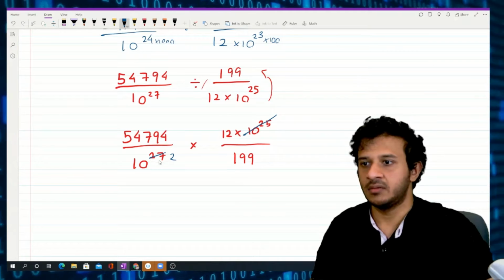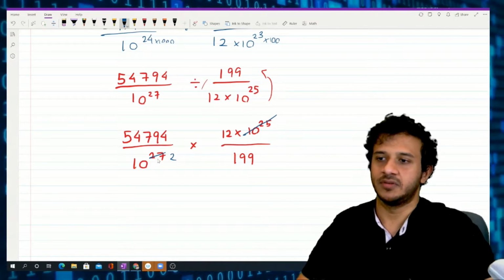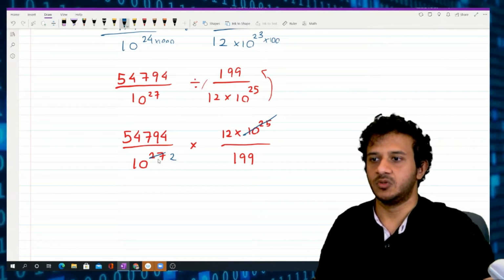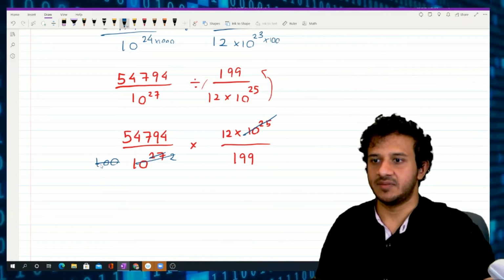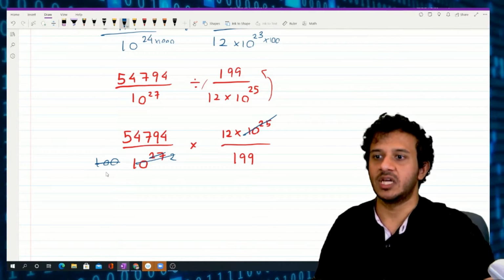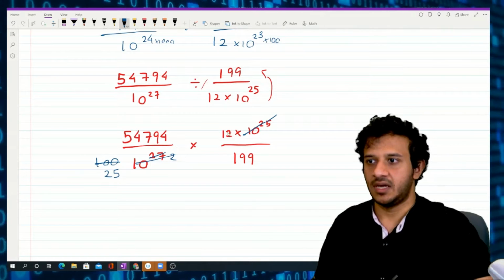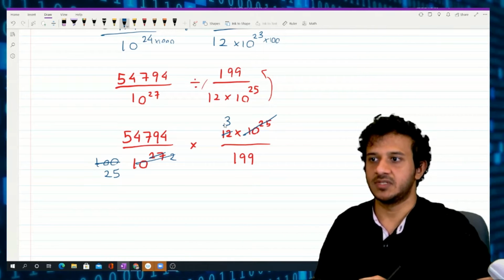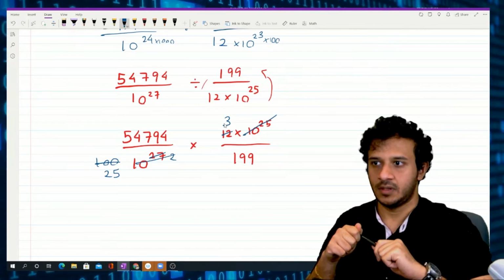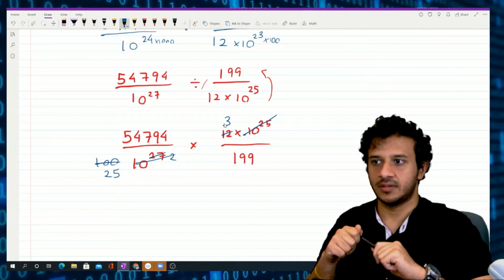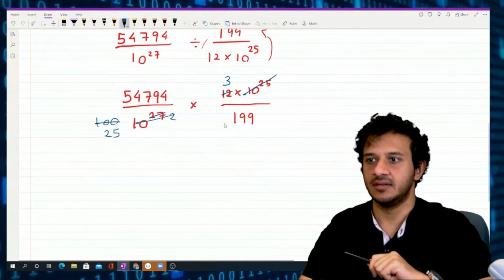So 10 to the power of 2 means pretty much it's 100, right? So the 100 can get simplified by the 4 times table, make it 25, and this can get the 4 times table, which is a 3. And then that's pretty much it, which I can see.